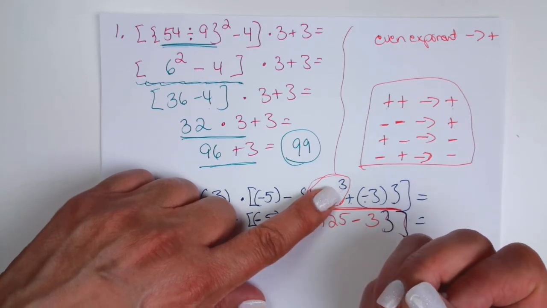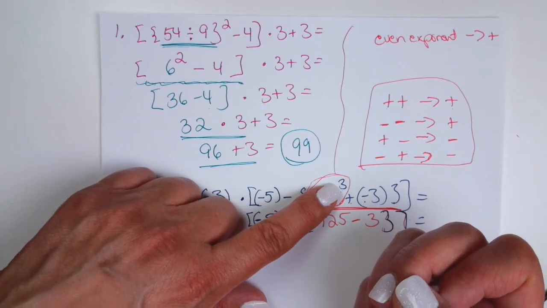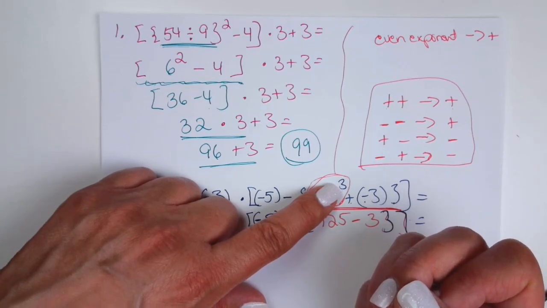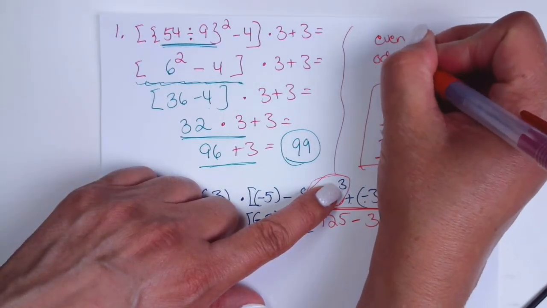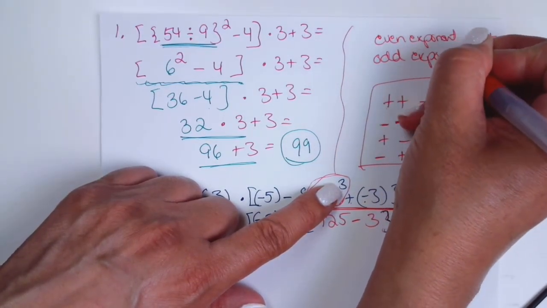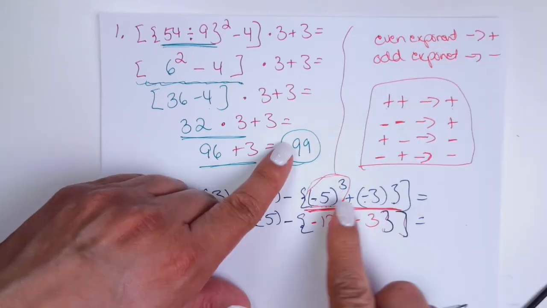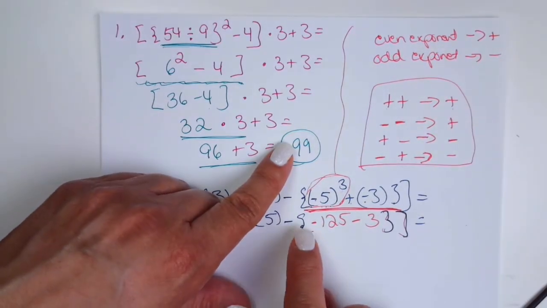For example, 2 or 4, if we have two negative signs, we can make it into a plus sign. If we have an odd exponent, we're going to have that one left over, and that is why this becomes a negative.